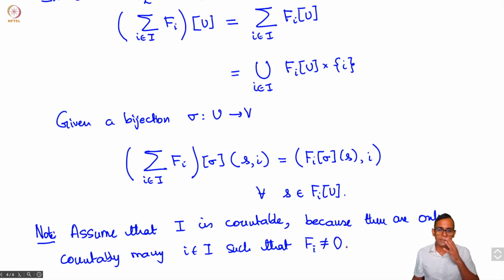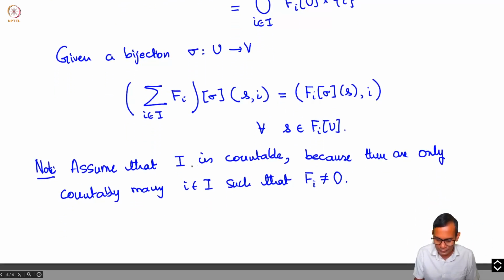So for all but countably many i in I, F_i has to be the zero species. So we can just assume that I is countable, or in fact, if it's infinite, you can think of I as the set of non-negative integers.